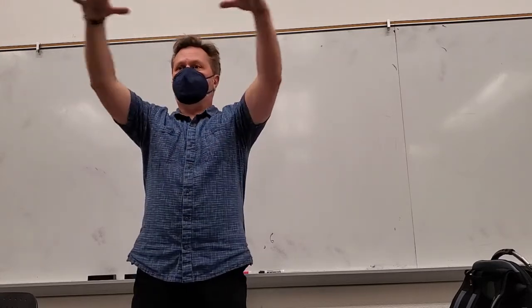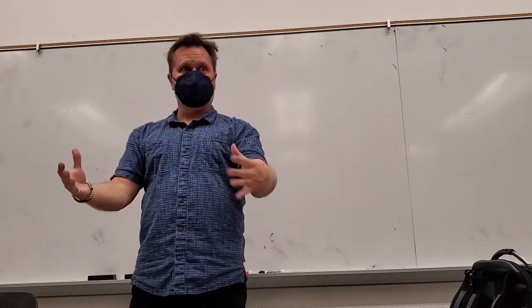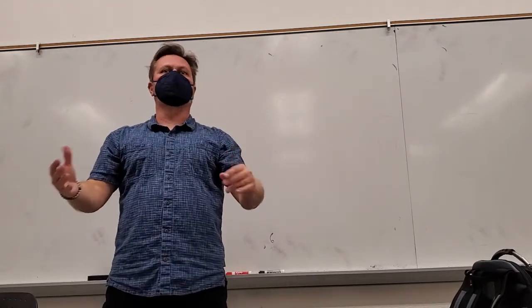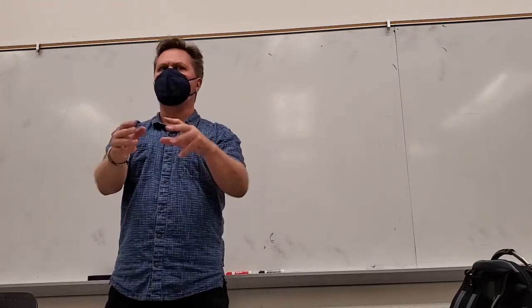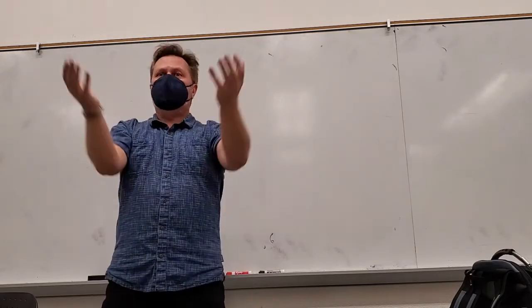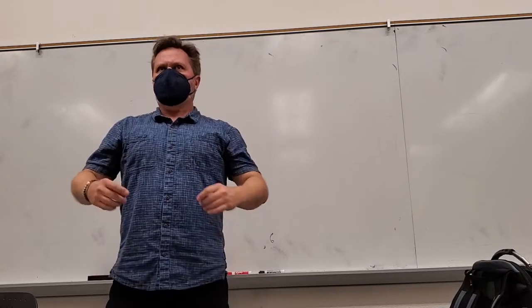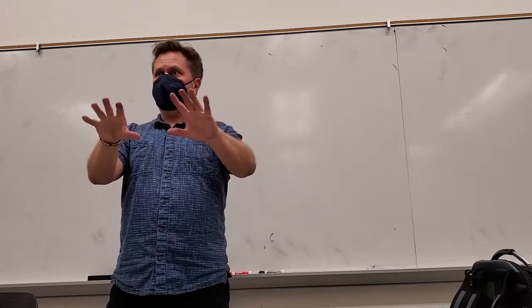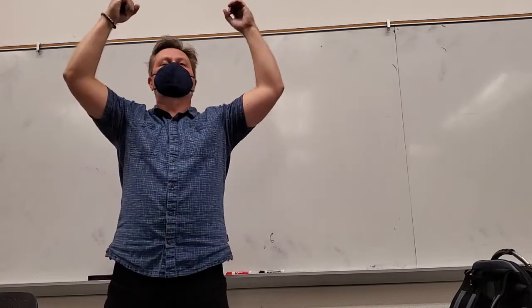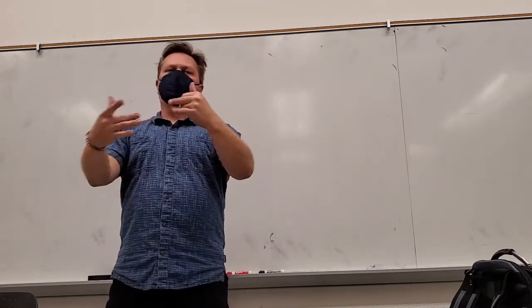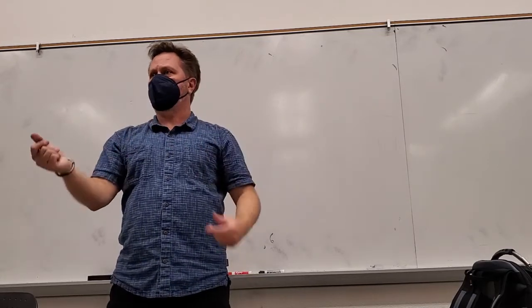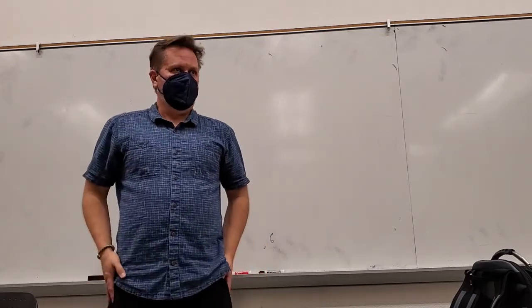XYZ is beautiful for rectangular boxes: go this far, go that far, go that way. That's a box. So what if I have curvy things? Maybe I want to use spherical coordinates, and then my integral becomes stupid nice. If you take Calc 3, you will see exactly what I'm saying. You will have these things that are impossible to do with XYZ, and then you change it to spherical, and it's bam, bam, bam, no problem.